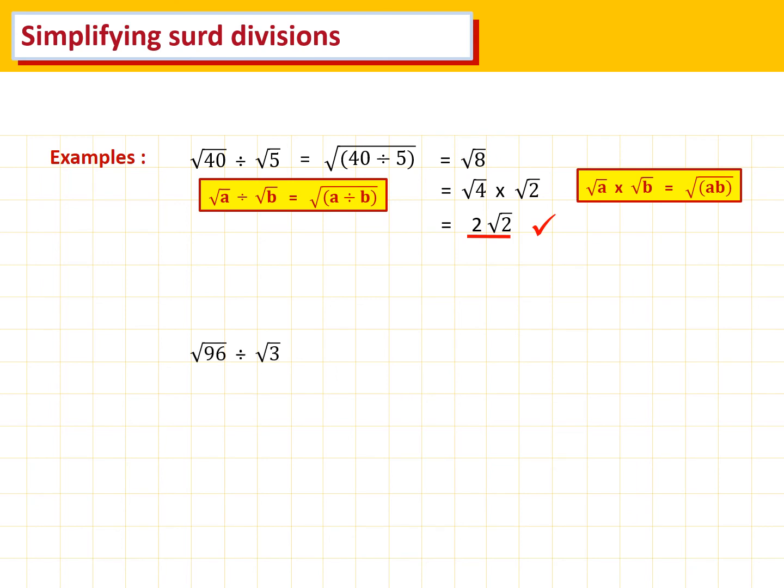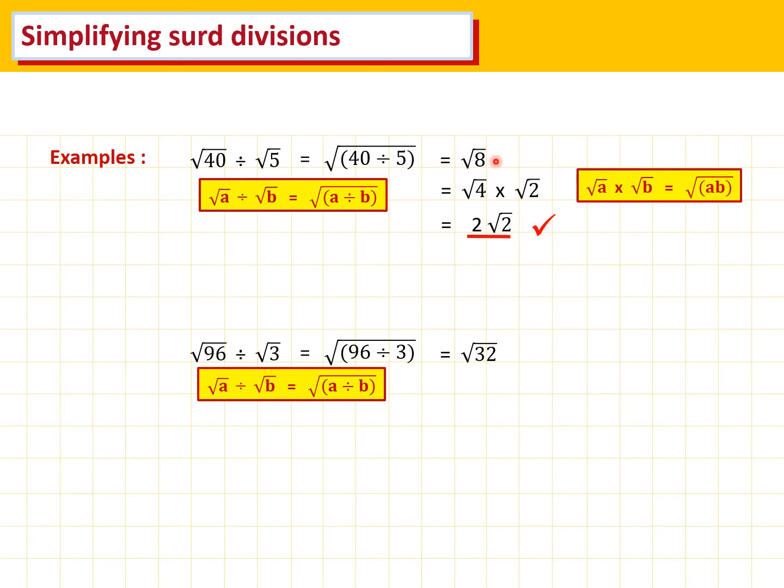Here's example 2. Looking at the first example, we should be able to see our first step is to put the two numbers together inside the square root. And then 96 divided by 3, well, that's 32. So we're now looking at the square root of 32. You may remember up here, we looked to simplify our answer.